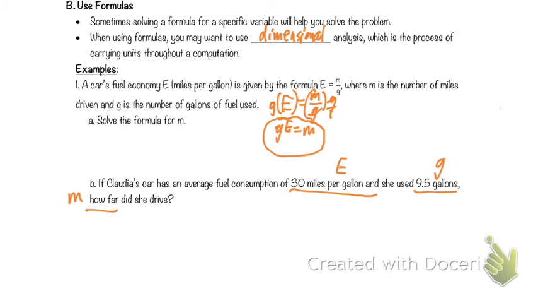With a formula, you always just take what you know and you plug it in and you solve for what you don't. So we know E and G, so we're going to take G and plug it in at 9.5. We know E, so we're going to plug it in at 30. And we're going to solve for what we don't know, which is M. So a general rule of formulas is you always plug in what you know and you solve for what you don't.